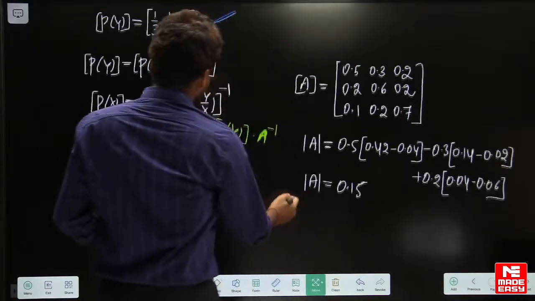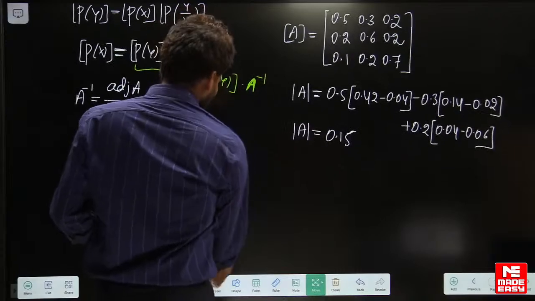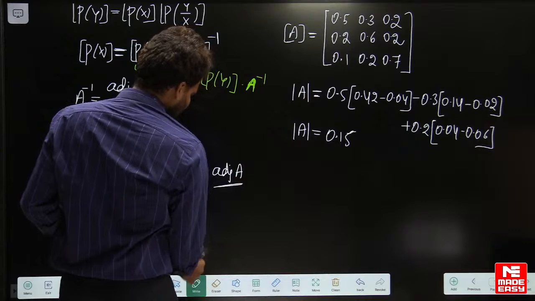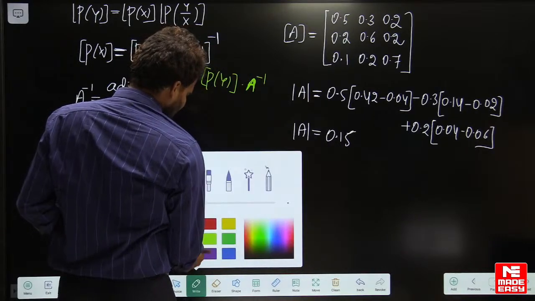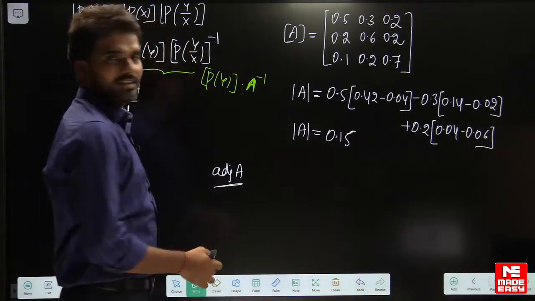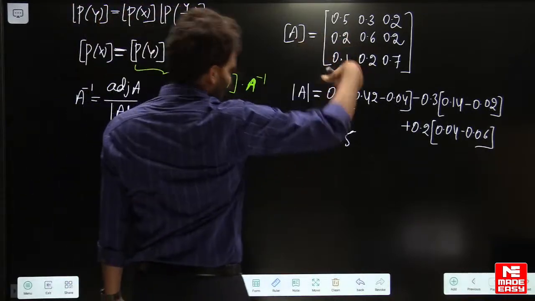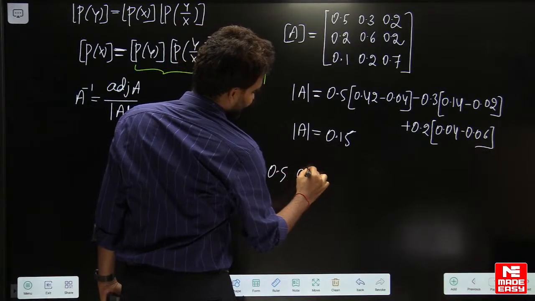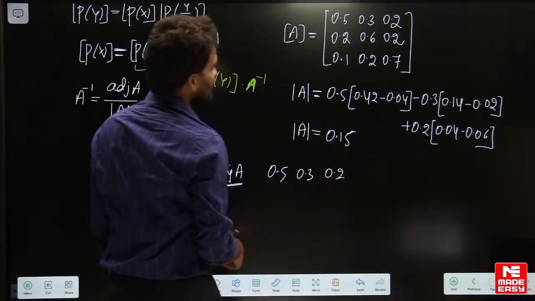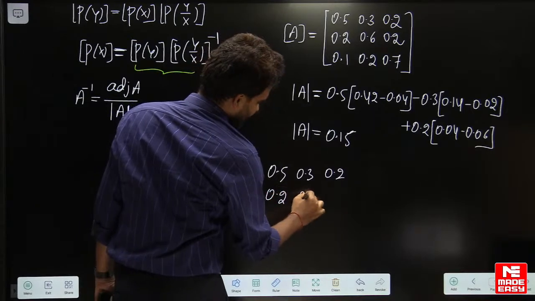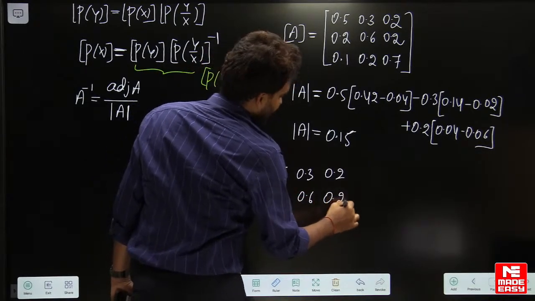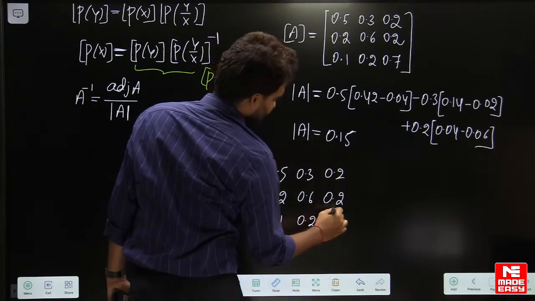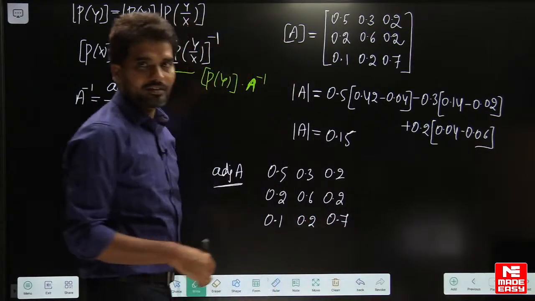Okay, so how to get the adjoint of A? There are many shortcuts; let me use one. First write these elements as they are: 0.5, 0.3, 0.2, next 0.6, 0.2, then 0.1, 0.2 and 0.7.